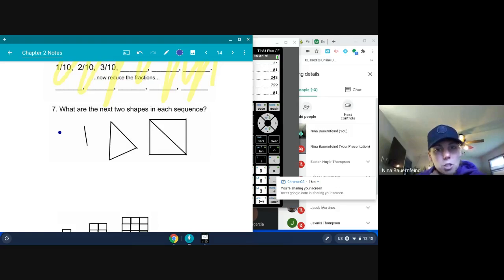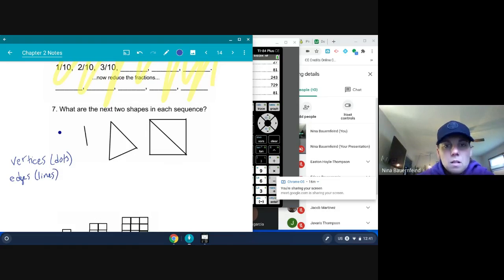So here's how I deal with the shape ones. I try to notice what the pattern is with the vertices. Vertices are like the dots, and then edges, which are like the lines. Okay, so I will do lines in pink, and those are the edges, and then dots in blue.